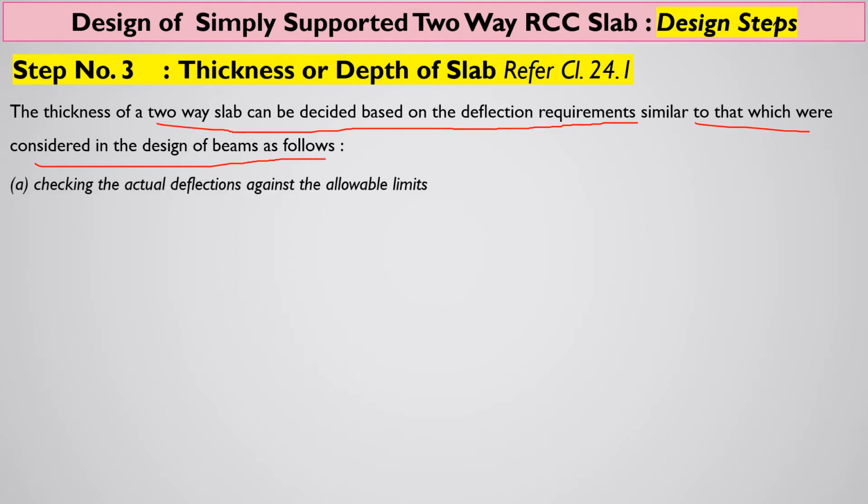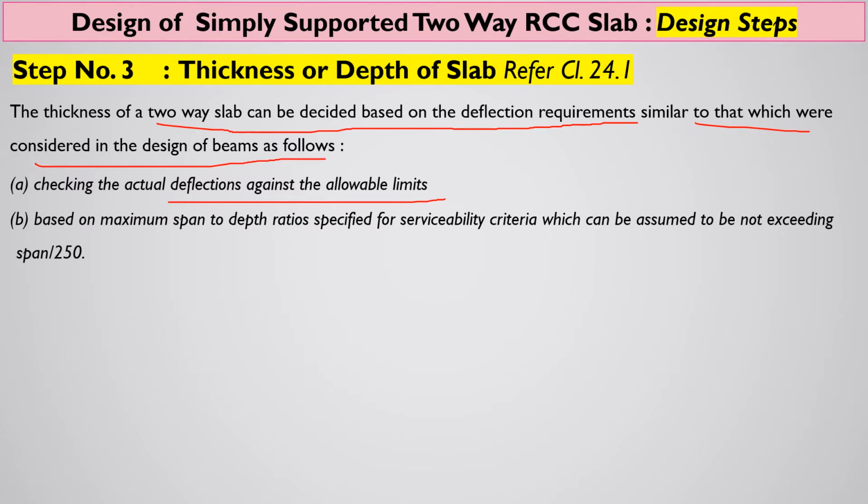So the first point is checking the actual deflection against the allowable limits. And the second point is based on the maximum span to depth ratio, that is the L by d ratio specified for serviceability criteria, which can be assumed to not exceed span by 250.